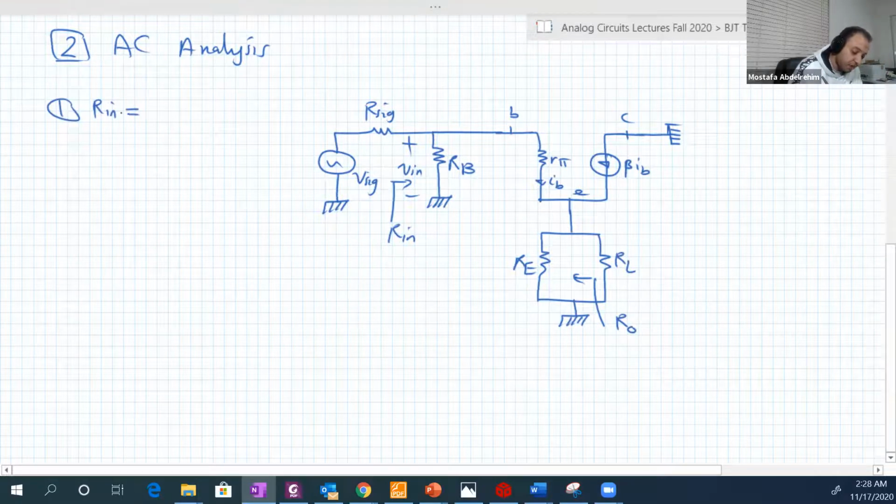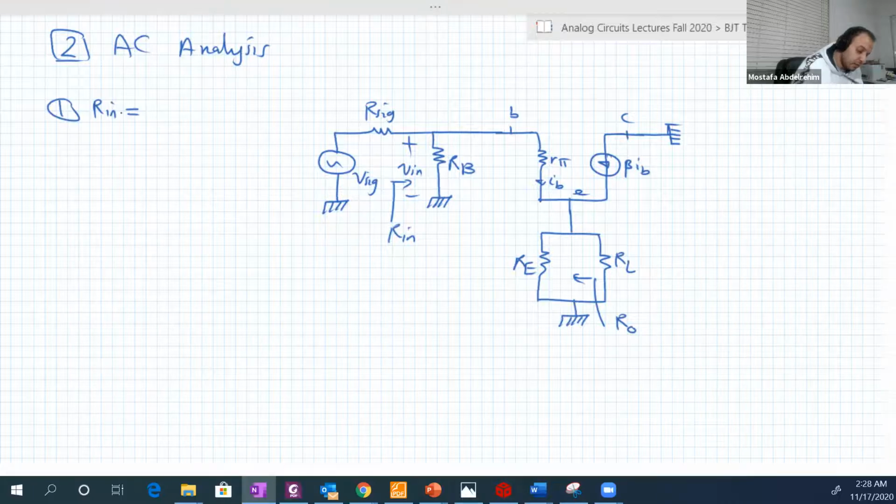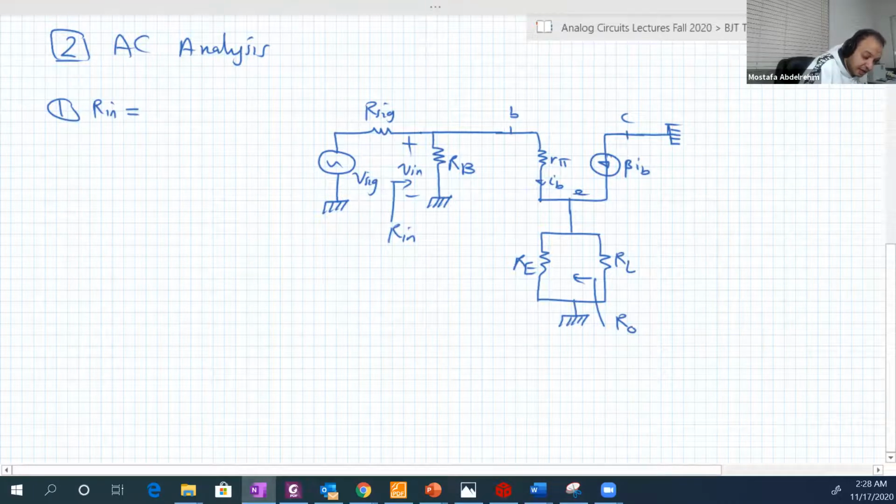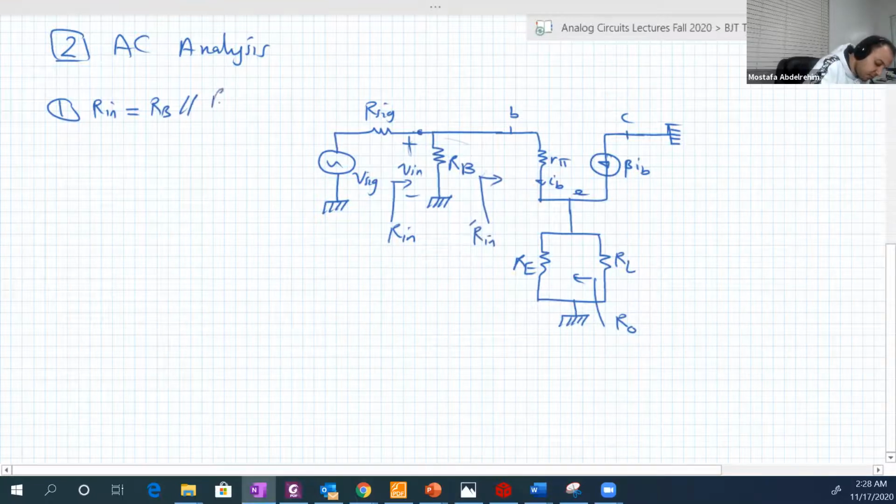Our input is the resistance seen between these two terminals, this and the ground. So it will be RB parallel the resistance seen here. So let's call this R input dash.